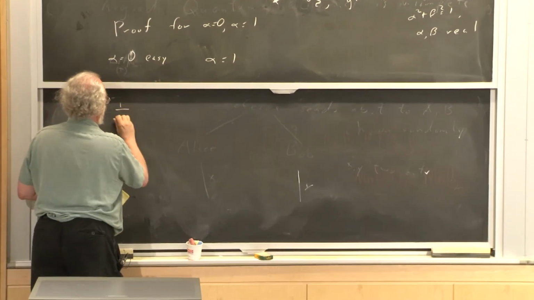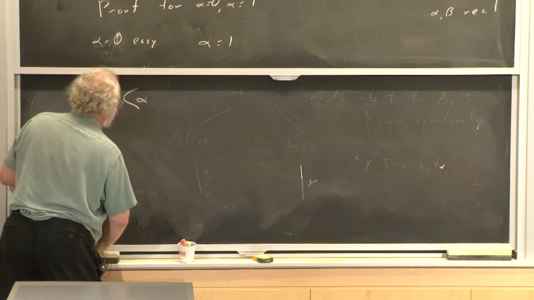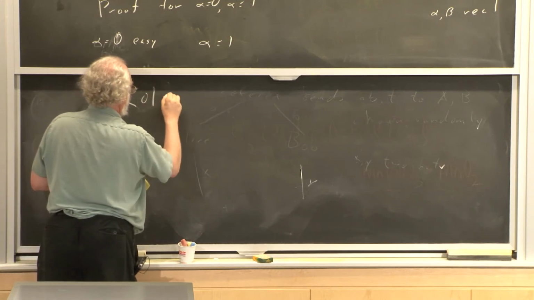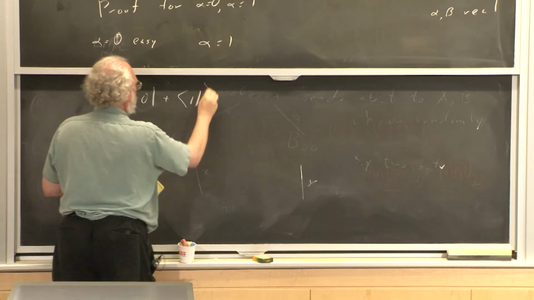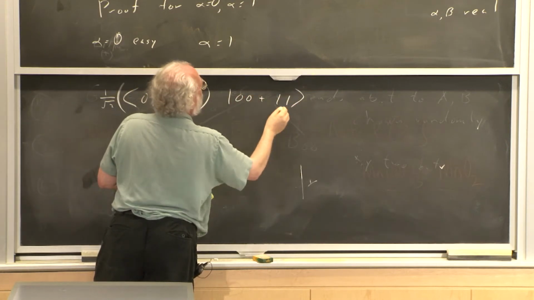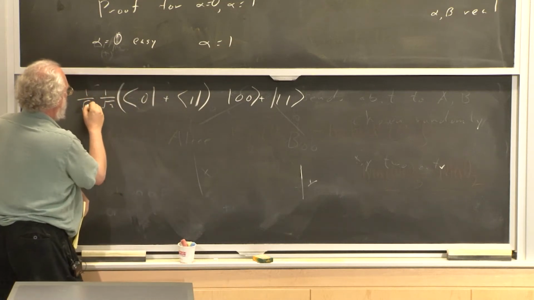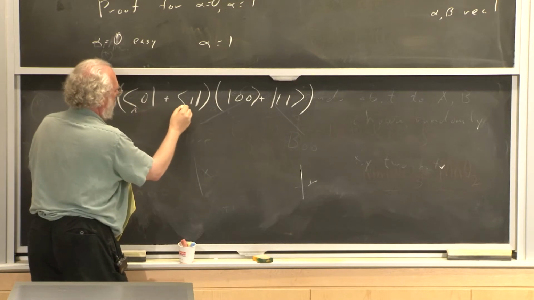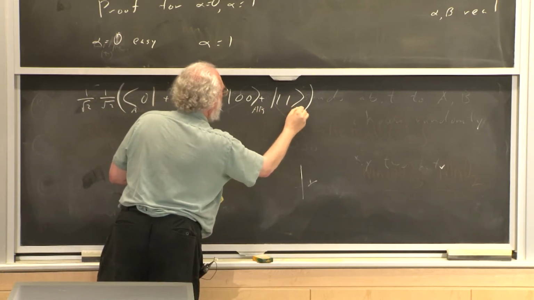That's 1 over root 2, |00> plus |11>, and I'm going to put another 1 over root 2 here. So this is, say, Alice's state, and this is Alice Bob, Alice Bob.